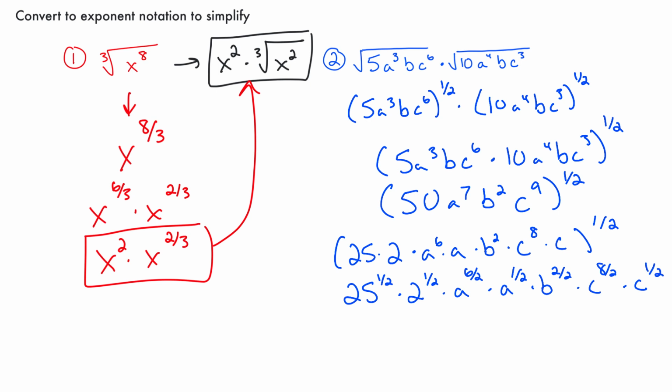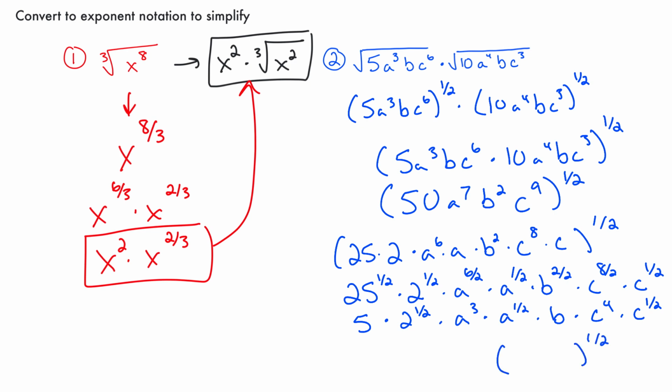And each one of these things, in large part, can be reduced. 25 to the 1/2 power, that's the square root of 25. That's just 5. Times 2 to the 1/2. Times a to the 3rd. Times a to the 1/2. Times b times c to the 4th times c to the 1/2. And all I'm going to do in this next step is group all the things that have 1/2 powers together.